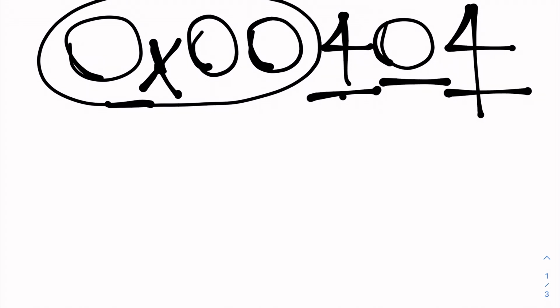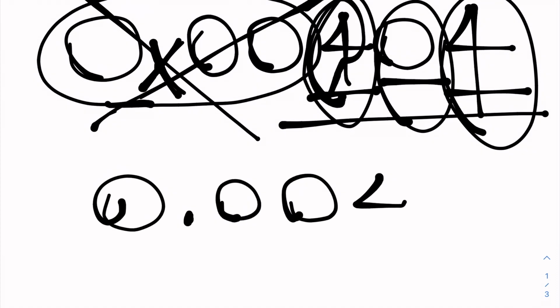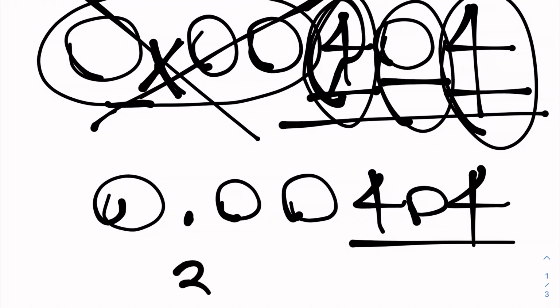So just ignore the decimal, and since all 3 zeros are before a non-zero number, they will not be significant. So from this we can say that this 4, this 0, and this 4, those 3 numbers are significant. So the number 0.00404 will have only 3 significant figures.